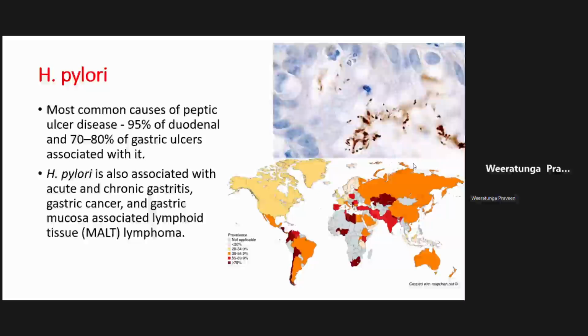But remember, up to 95% of duodenal ulcers are due to Helicobacter pylori. Gastric ulcers about 70 to 80%, because there are other causes of gastric ulcers, for example, NSAIDs. But Helicobacter pylori infection accounts for a large majority of duodenal ulcers.